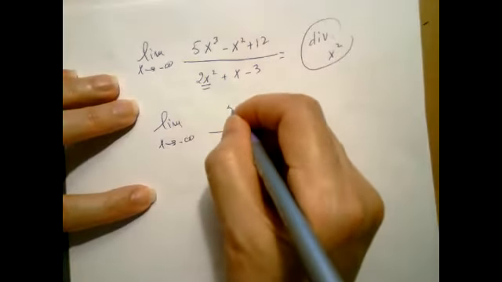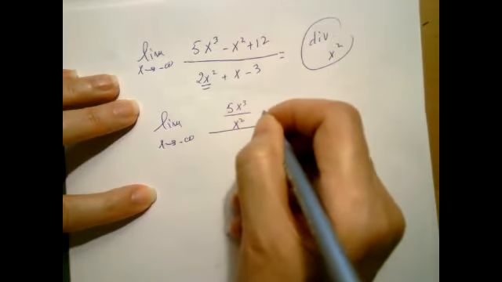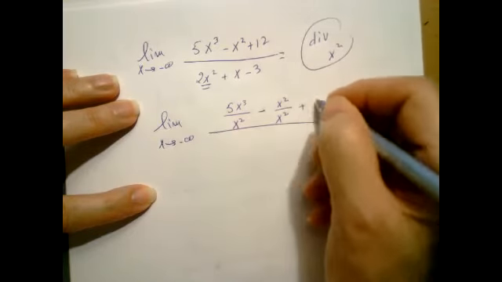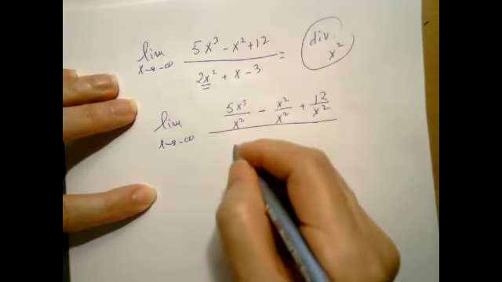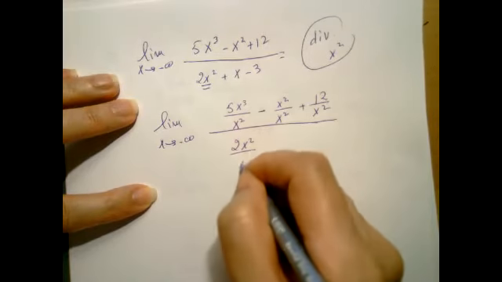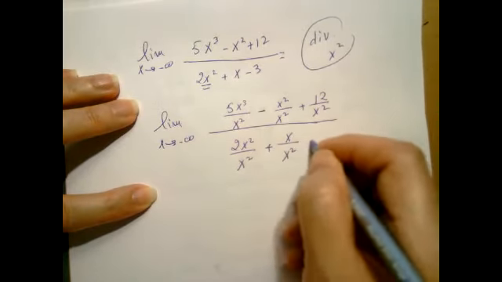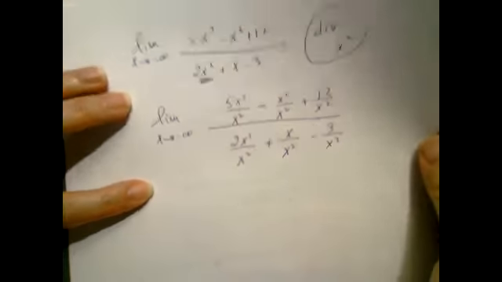Dividing by x squared is going to give me 5x cubed over x squared minus x squared over x squared plus 12 over x squared, divided by 2x squared over x squared plus x over x squared minus 3 over x squared. That's the highest power in here.